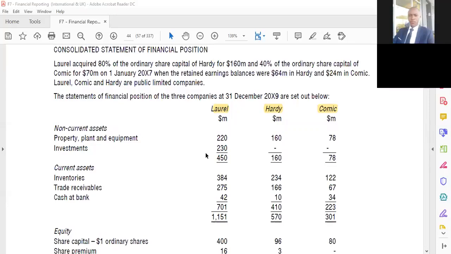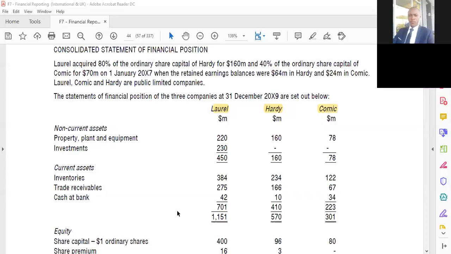Take, for example, there is goodwill in group accounts, which you must just be able to know. There's goodwill, there's NCI, there's group structure, and there are other calculations which you must be able to know to build up to the financial statement.